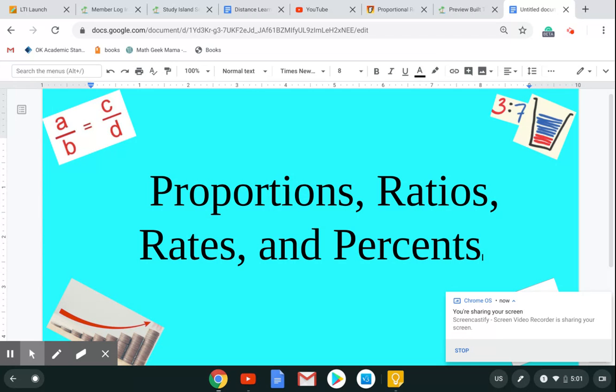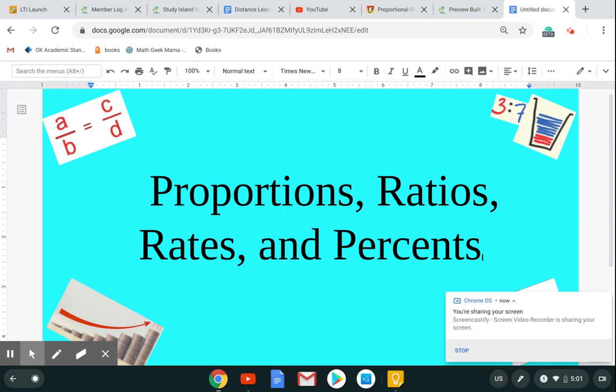You have 2 assignments for this week that Miss Guthrie posted on our Facebook page. So one of them is proportions, ratios, rates, and percents. That is what we're going to be doing today. I'm going to go through a short lesson with you all that will hopefully clarify and help you do your assignment.